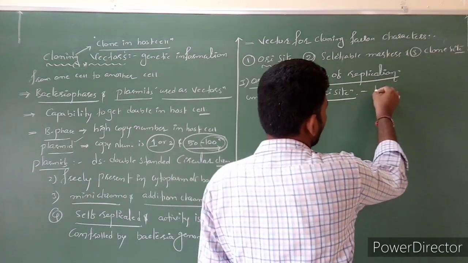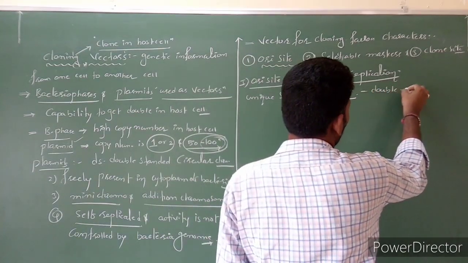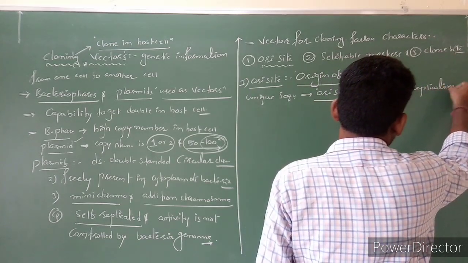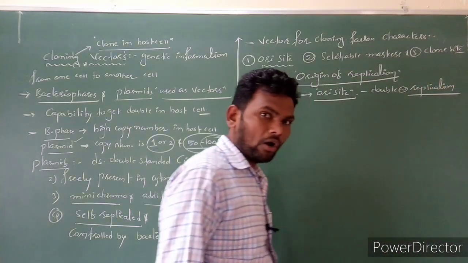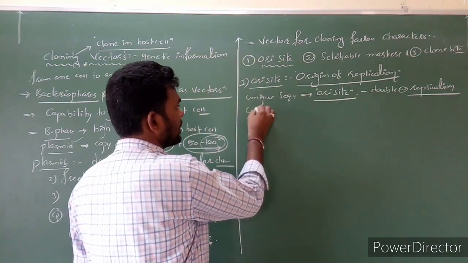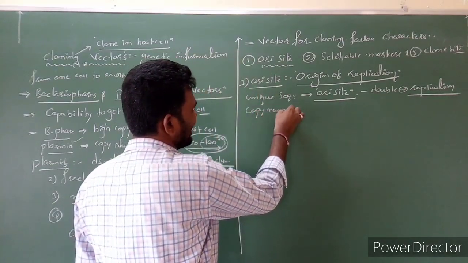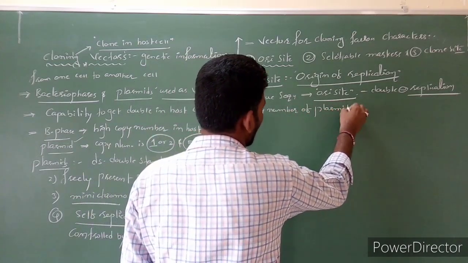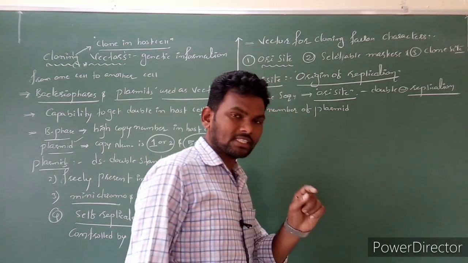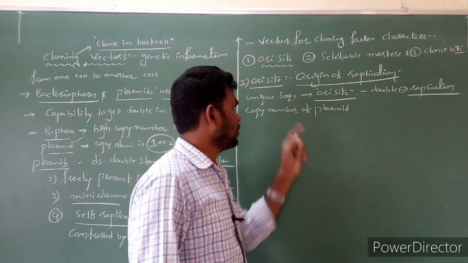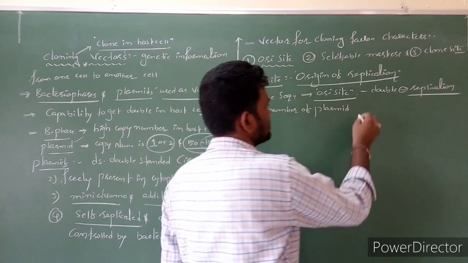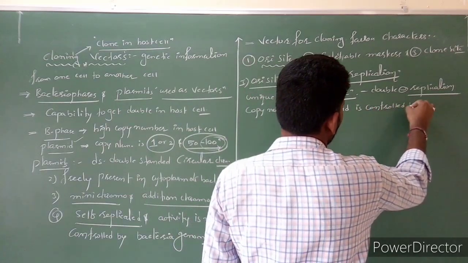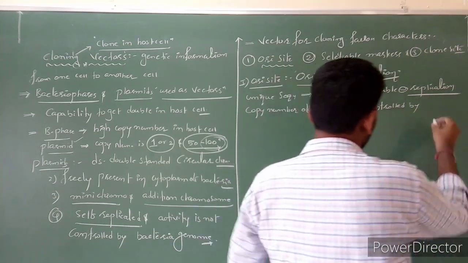The number of times of replication, or the copy number of the plasmid, is controlled by the ORI site.